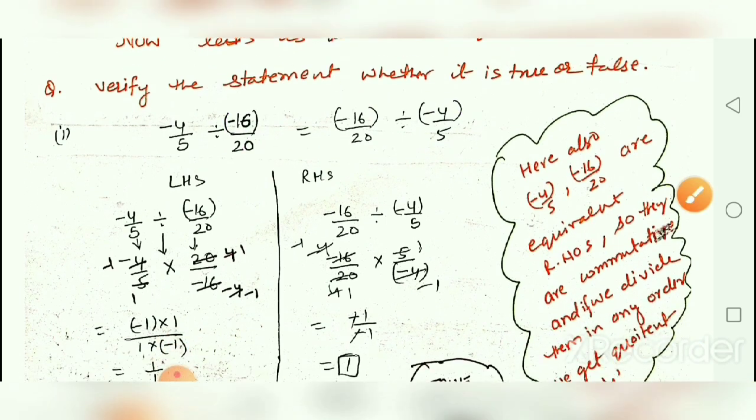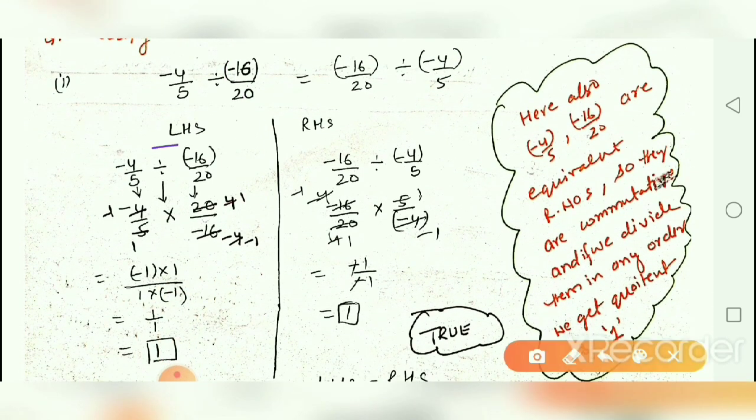So here we have solved the left hand side and right hand side. -4 by 5 divided by -16 by 20. Here we have done the solution on left hand side, and we can see after solving it we are getting 1 as an answer. This is the solution.